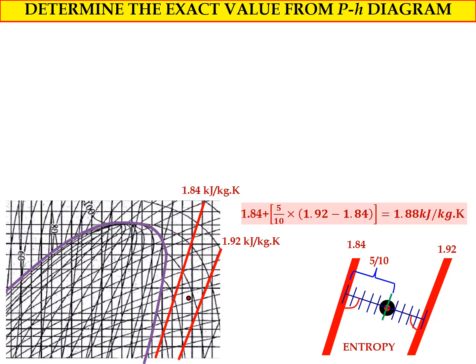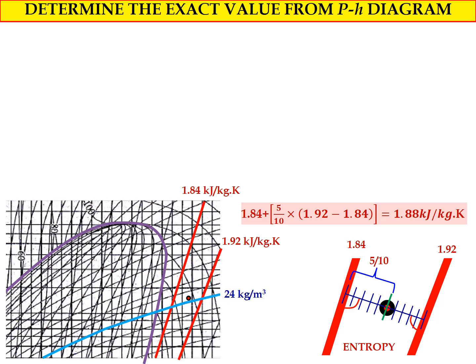Okay, so that's how to create your own scale in order to obtain the exact value for the intersection point. Now let's say the question asks you to determine the density.